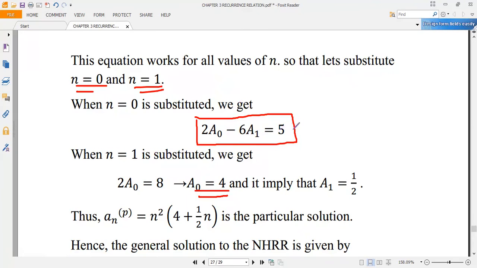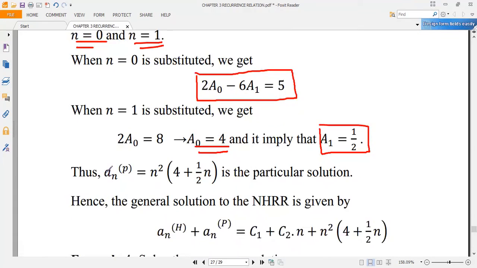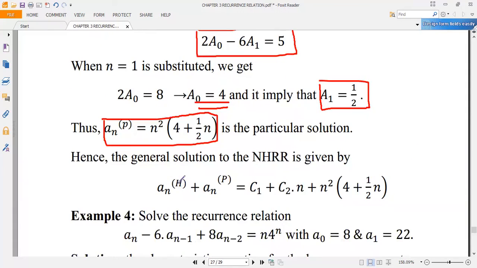Dividing by minus 6, you'll get a1 equals 1 over 2. So the particular solution to the non-homogeneous part becomes this one. Hence, the general solution to the given non-homogeneous linear recurrence relation is the sum of the homogeneous part and the non-homogeneous part. So it becomes this one.